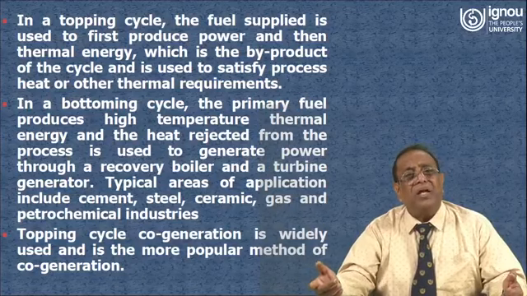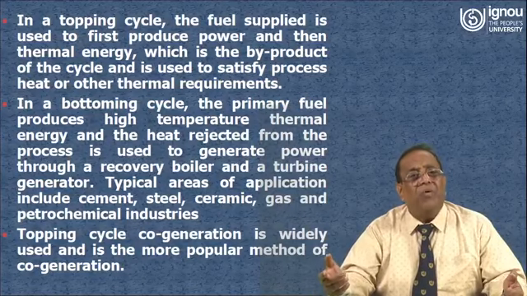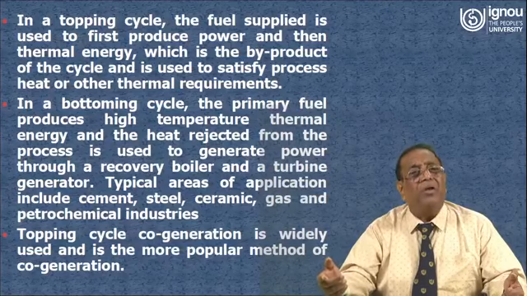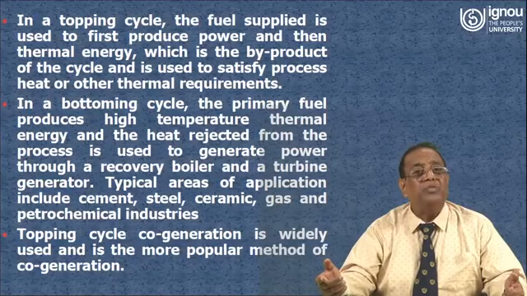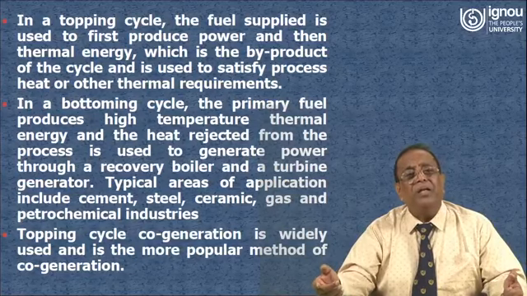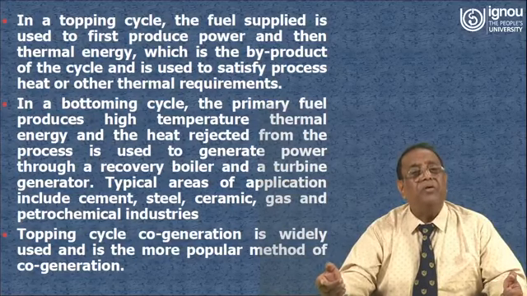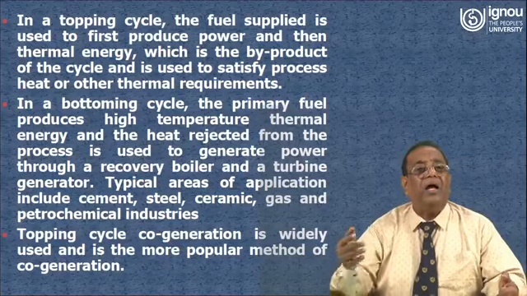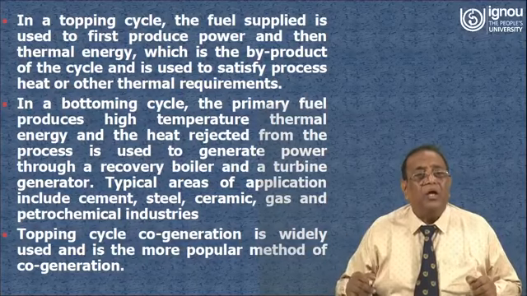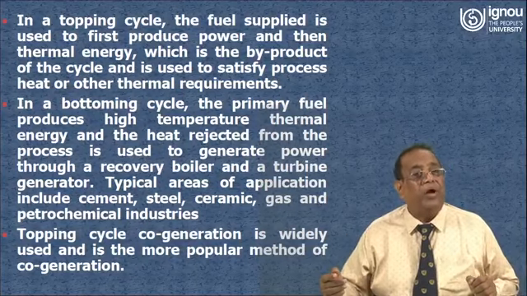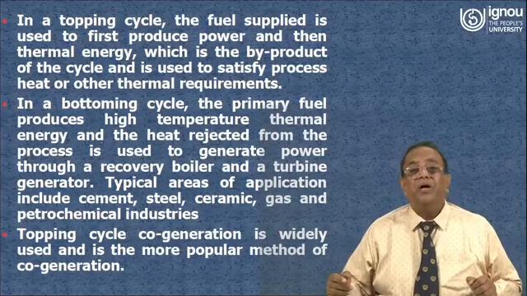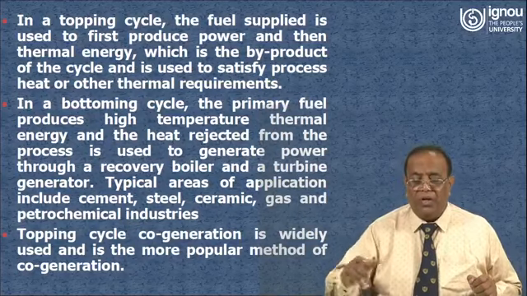In a bottoming cycle, the primary fuel produces high temperature thermal energy, and the heat rejected from the process is used to generate power through a recovery boiler and a turbine generator. Typical areas of application include cement, steel, ceramic, gas and petrochemical industries. Topping cycle cogeneration is widely used and is the more popular method of cogeneration.